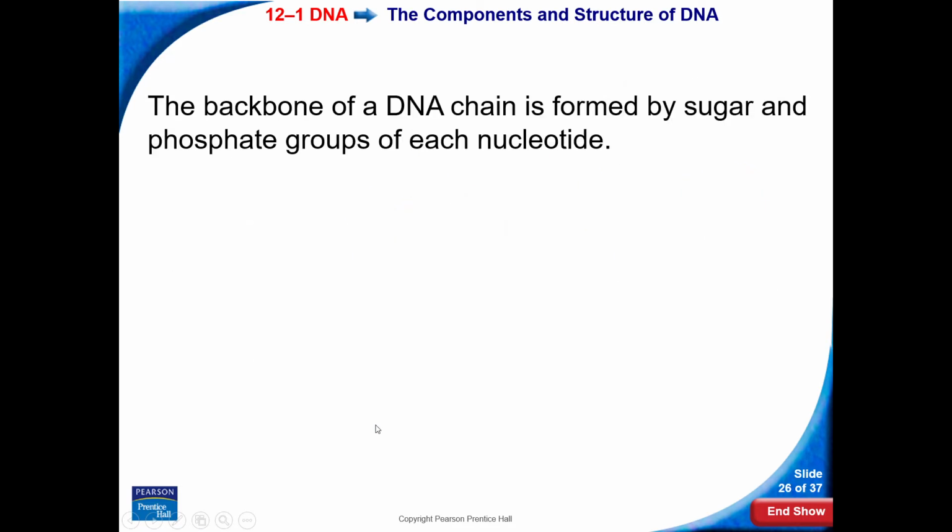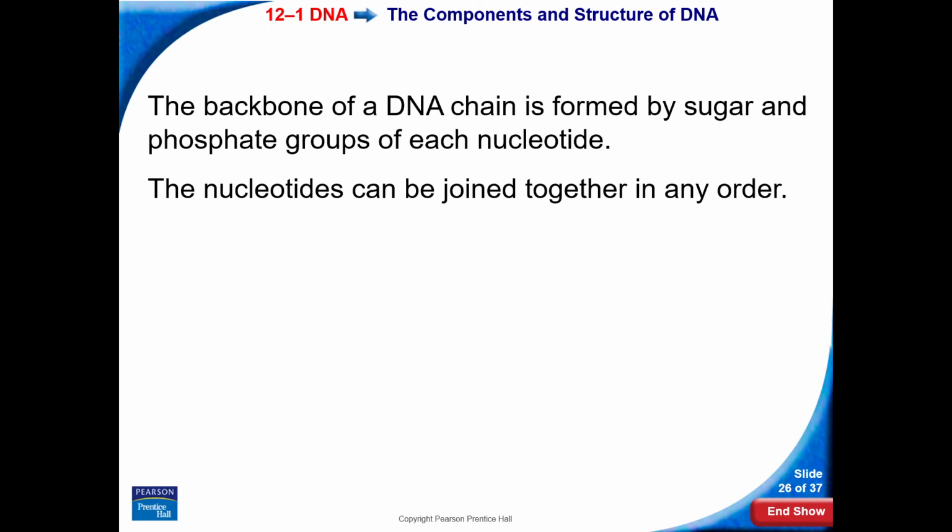So the backbone, or the sides of the DNA ladder, is going to be formed by the sugar and the phosphate group, and then they'll each attach to the nitrogen base, which will make each nucleotide. The nucleotides are going to be joined together, and the sequence that's put together could be any sequence. That's what makes up the message that's on DNA. It's the sequence that we put these nucleotides in.